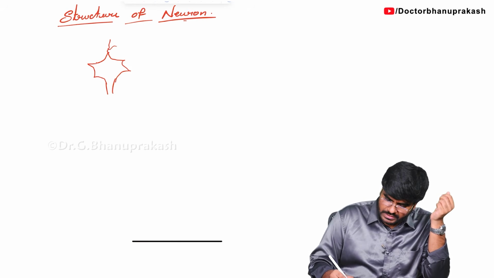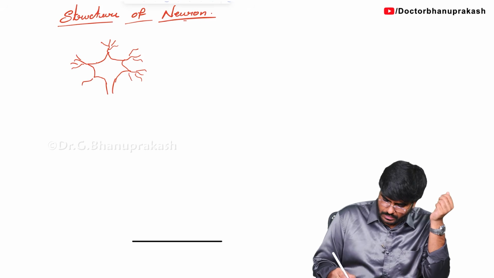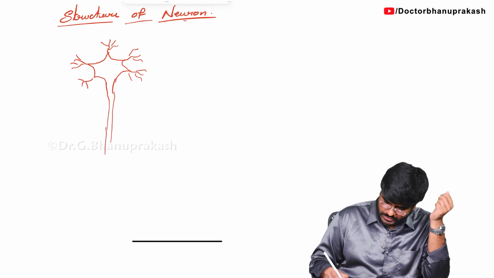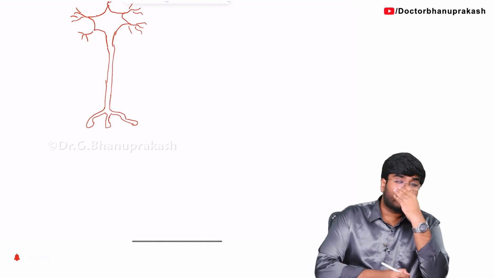This cell body has dendrites, and there is an axon and nerve terminals. Here are the nerve terminals where the neurotransmitter is released into the synapse.